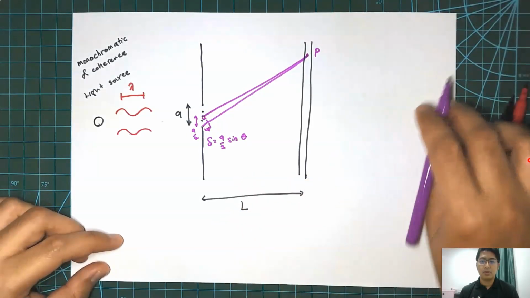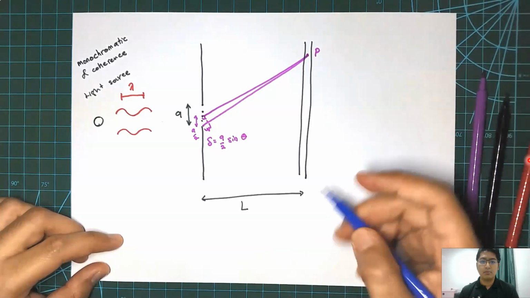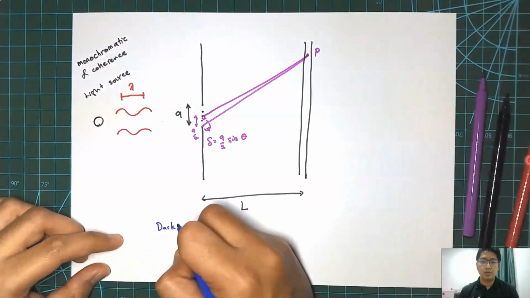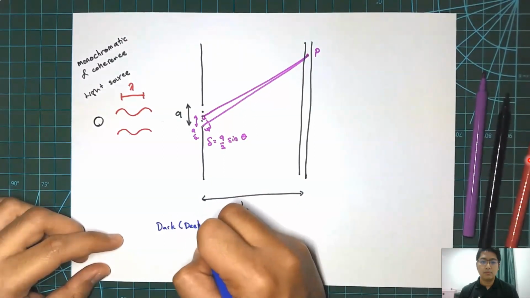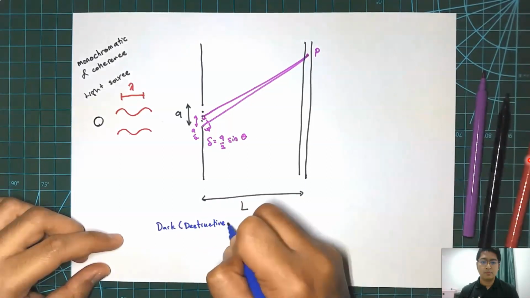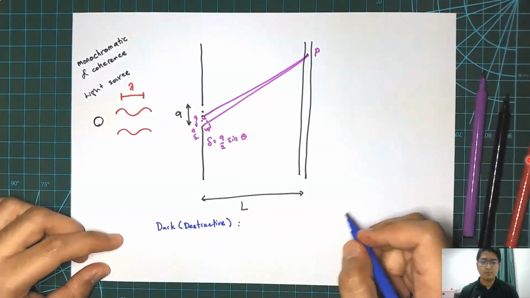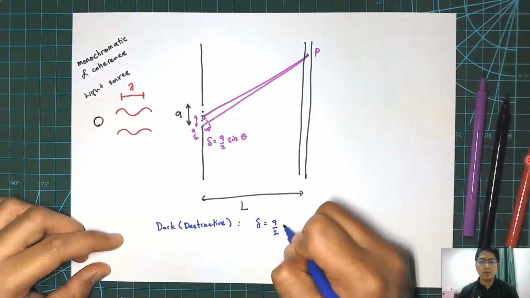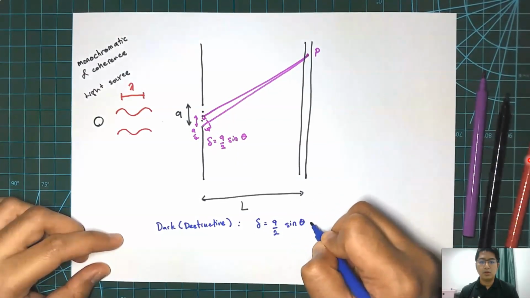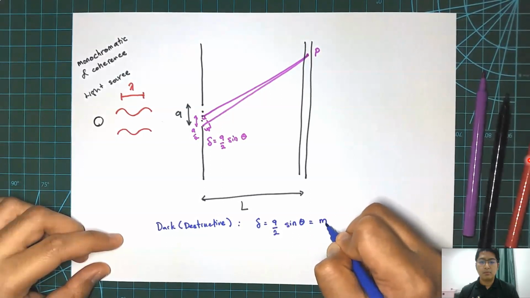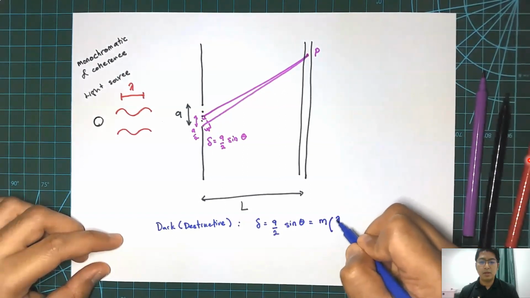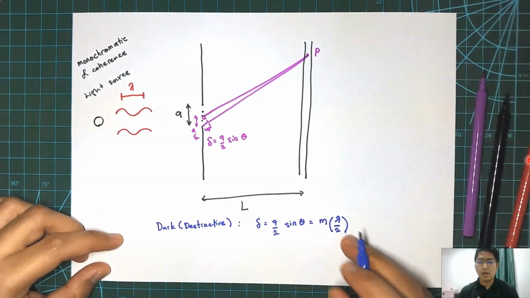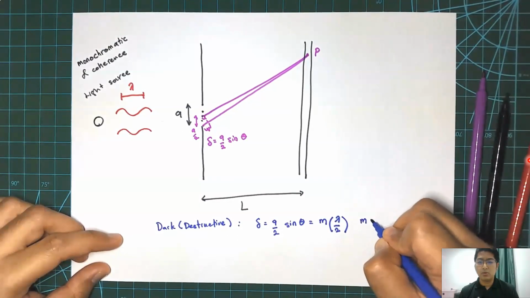The destructive interference or the dark fringe will occur if half of the slit, A divided by 2 sine theta, equals half of lambda, lambda divided by 2, as shown in the equation.